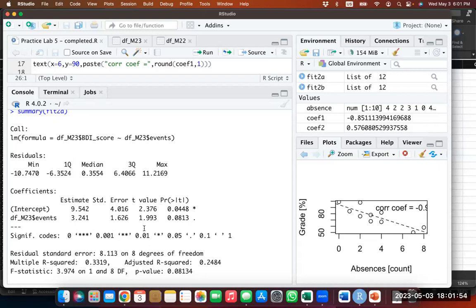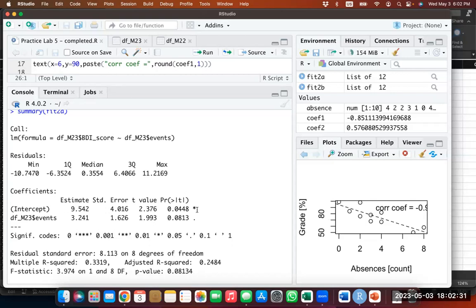We have residuals with a min of minus 10.7 and a max of 11.2, with the 25th percentile, 75th percentile, and a median, with the mean by definition being 0. That means that our distribution is a little bit skewed upwards. That means that our Beck Depression Inventory score is tilted a little bit upwards, as opposed to following a normal distribution along the regression line.